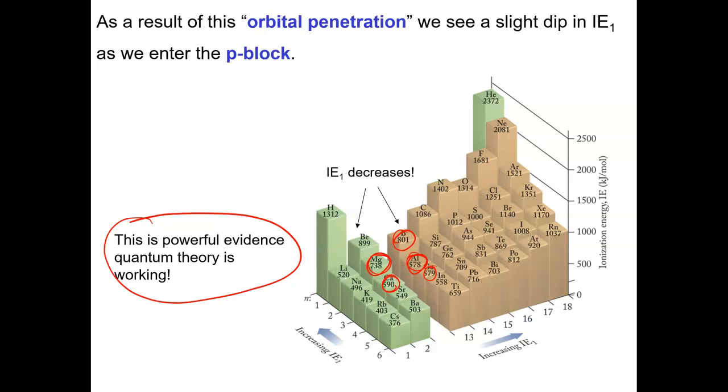Now, another little exception that we'll see is a little dip when we get halfway across what we call the p block. That is, the p4 electron is easier to remove than what we're expecting. Or another way of looking at that is that the p3 electron is slightly tougher to remove than might be expected.